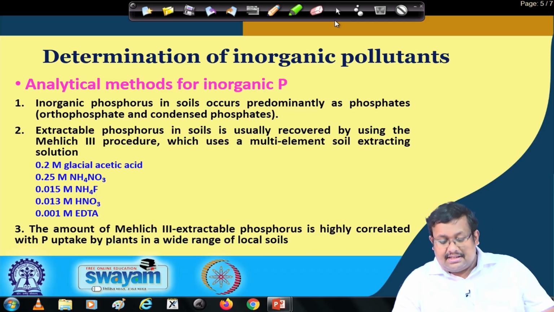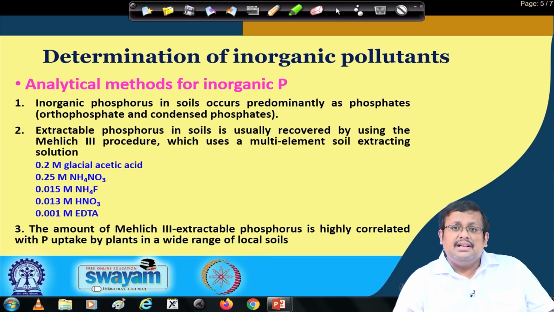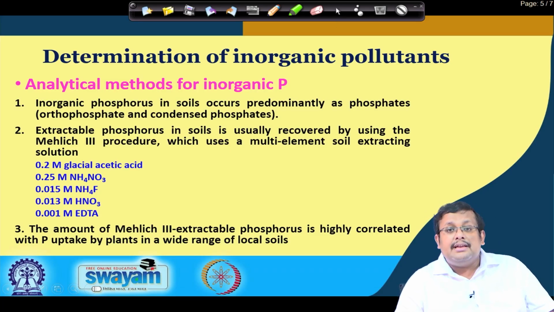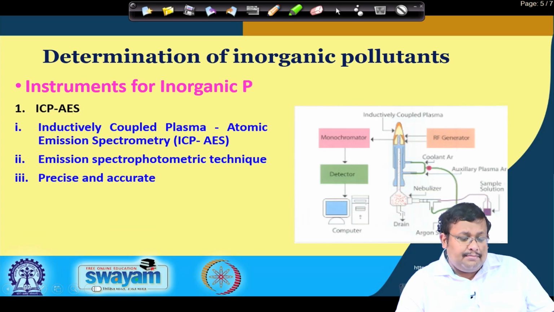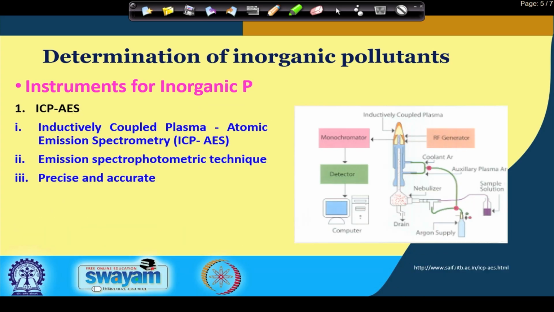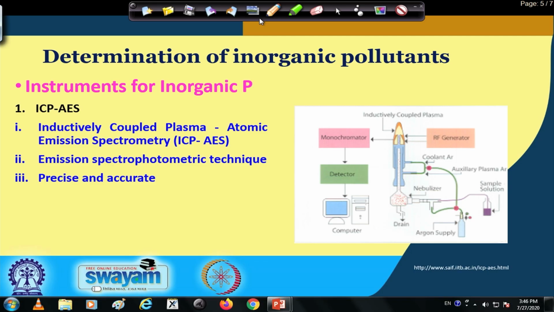This is the Mehlich 3 extraction method. Let us see what are the important instruments for measurement of this inorganic phosphorus. The most important instrument for measurement of this inorganic phosphorus is ICP-AES.